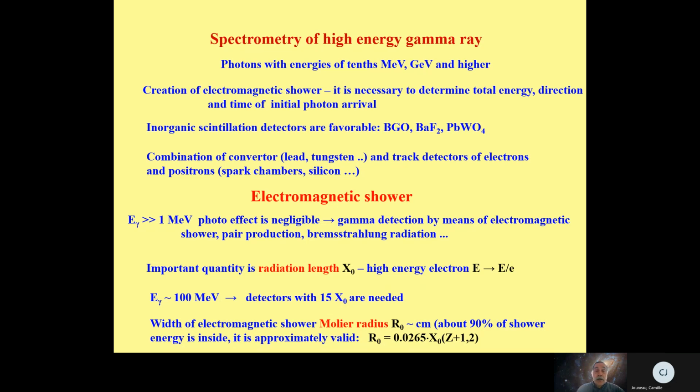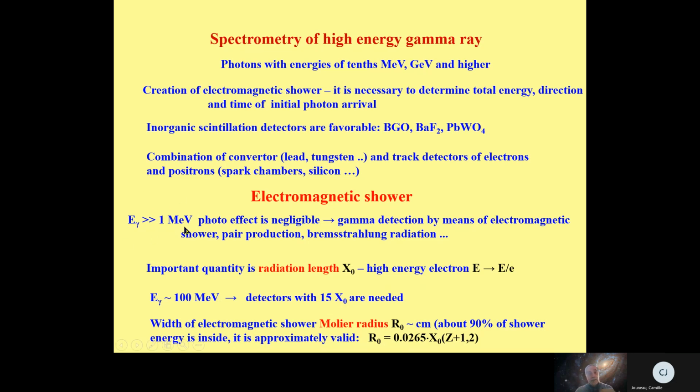Okay, that means we will obtain this electromagnetic shower, and the end of this electromagnetic shower is for energies of these gammas and also of these positrons and electrons which will be smaller.